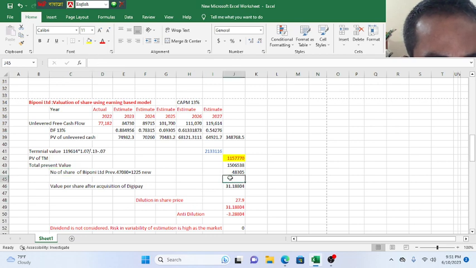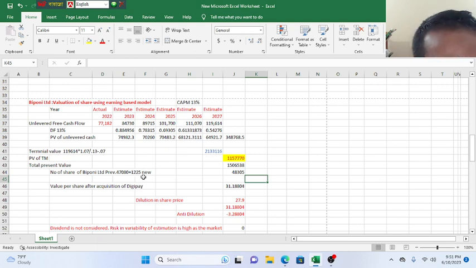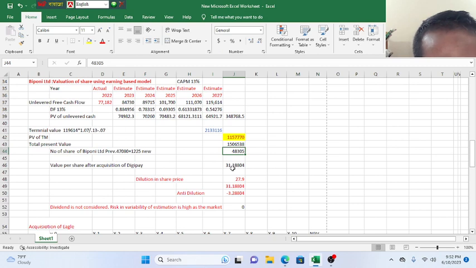So number of shares of Biponi, 48,305, previously 47,080, and now they have issued to the new company, that is target company DGPay, 1225, 48,305, that is new share. Value per share is 31.18.